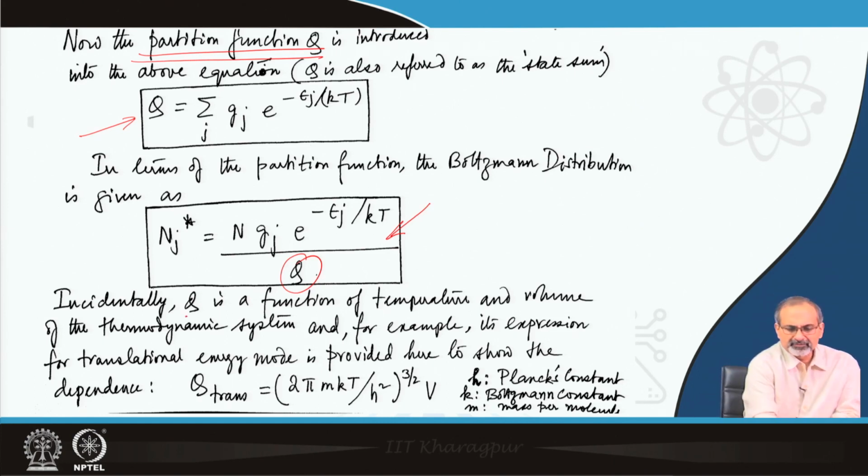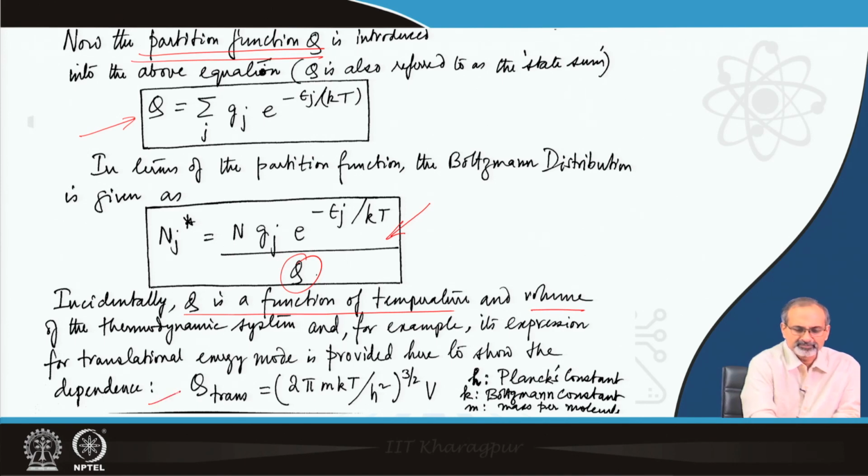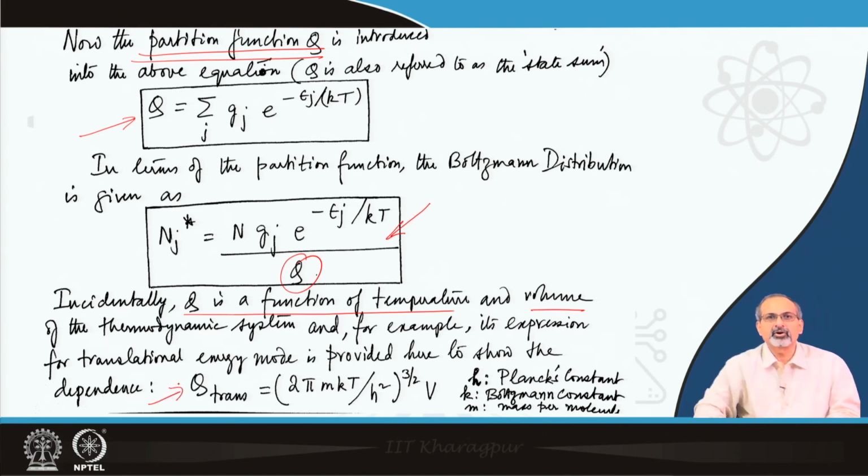Incidentally, Q is a function of temperature and volume of the thermodynamic system, and if we invoke the translational energy mode Q, which we have not discussed at length at this point of time, but we are still introducing it in a kind of ad hoc manner, we can show by using principles of quantum mechanics that the Q translational will come out to be of this form, where small m is the mass of a molecule, k is of course the Boltzmann constant.